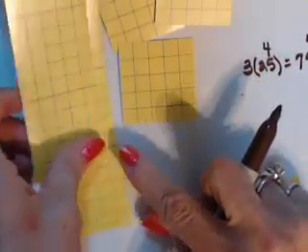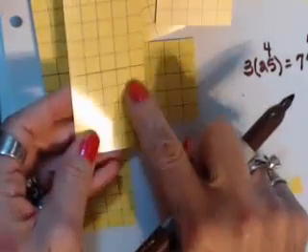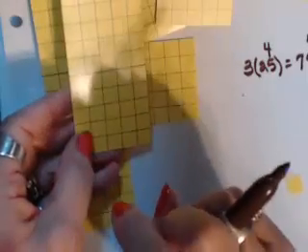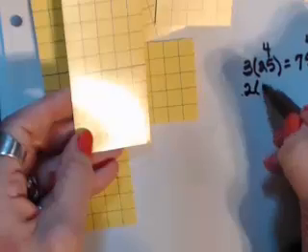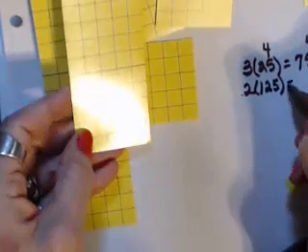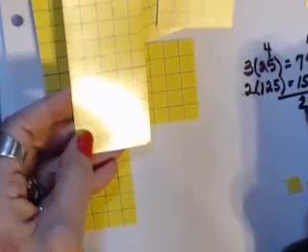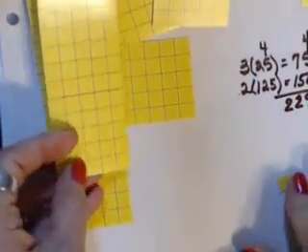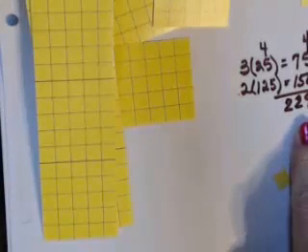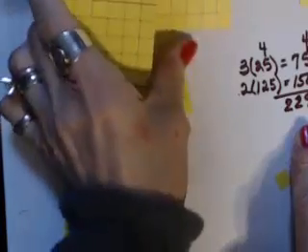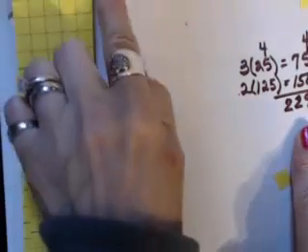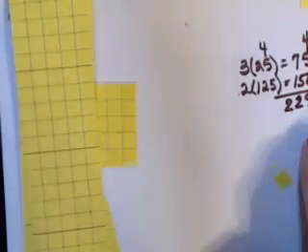And then a long flat is 25 times 5, or 125, and we have 2 of those. So now we add, and there would be 229 units in the number 2304 base 5.